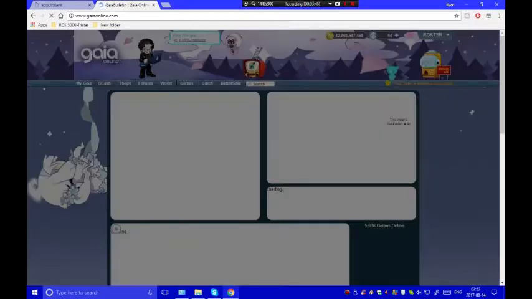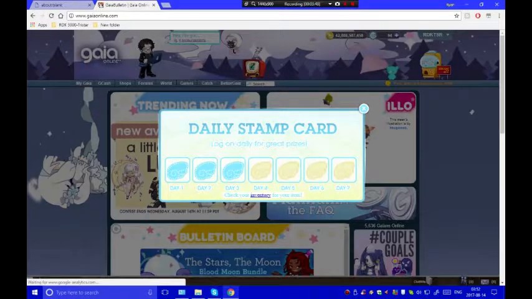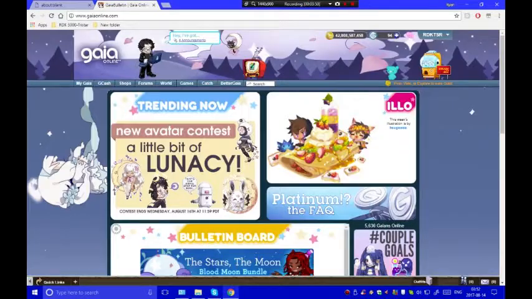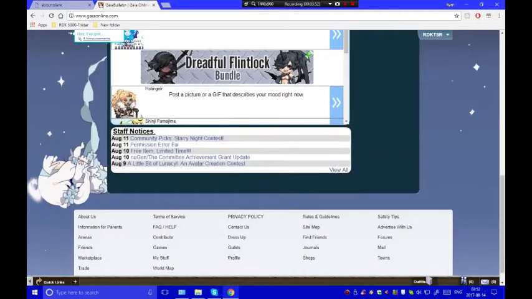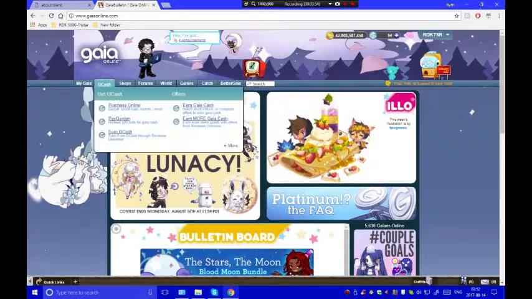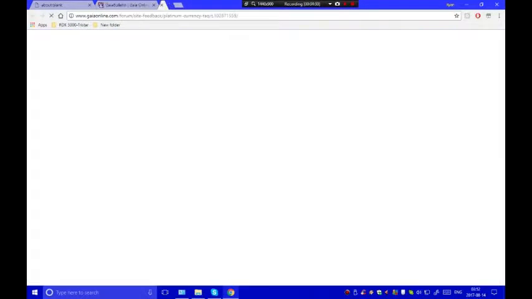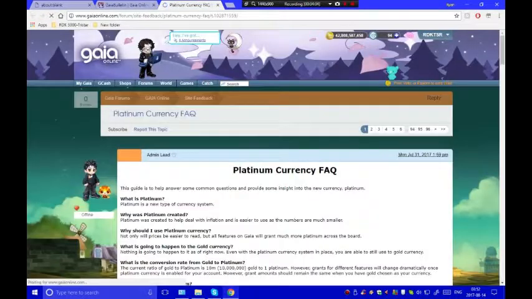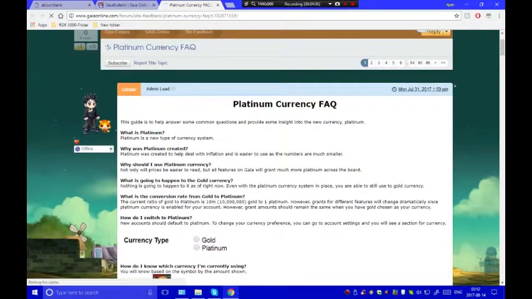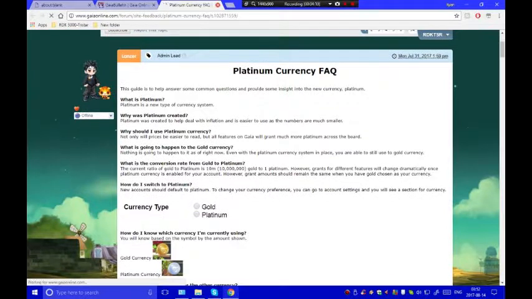As we know, some updates in Gaia online include the bulletin board and a new layout in Gaia. You can see launched is Platinum, Gaia Platinum image. The reflection ratio is 10 million gold is 1 platinum.